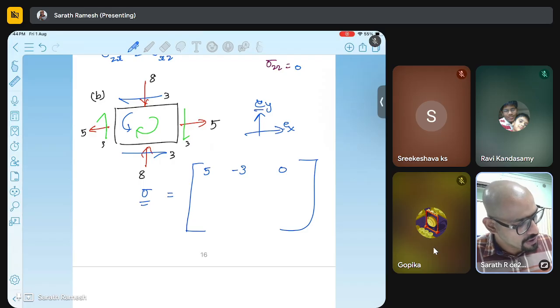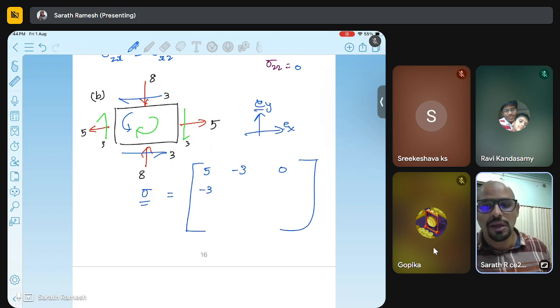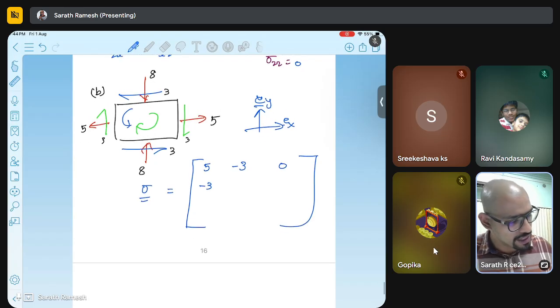Xz is 0, and yx is the same, minus 3. In the negative x direction, it should have pointed in the negative y direction, that is positive. This is a sign convention that we follow, but here it's not doing the same, so it's negative. And here it's 8. What is sigma yy?